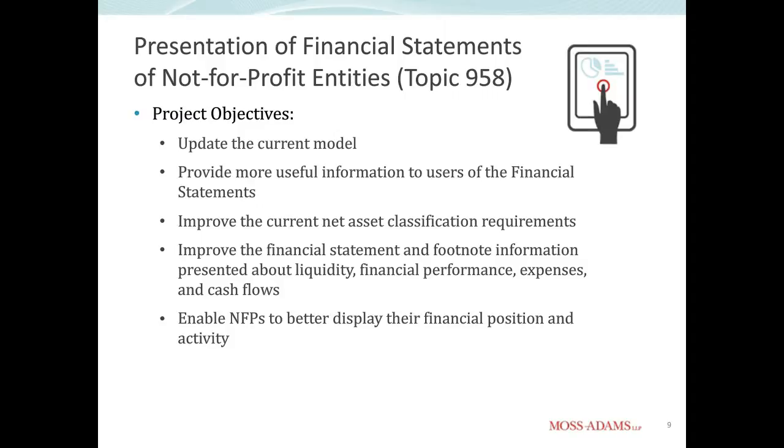There were inconsistencies in the type of information provided about expenses, as well as misunderstandings about the limited usefulness of the statement of cash flows, particularly with regards to the reporting of operating cash flows. So based upon these concerns, the FASB's Not-for-Profit Advisory Committee and other stakeholders had suggested that an update would be beneficial.